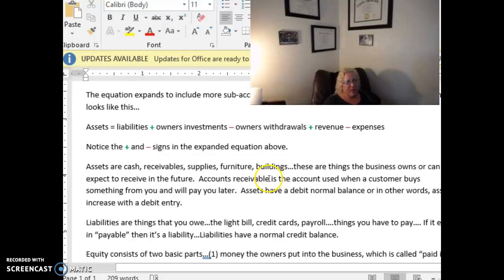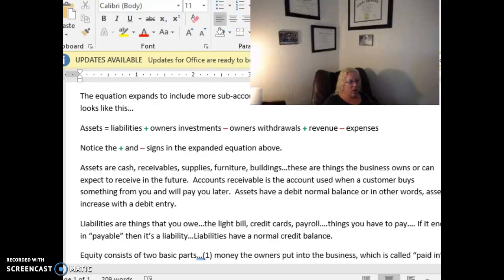So accounts receivable is a lot like cash, although it's not cash, but it is kind of next in line for cash. And assets have a debit normal balance, or in other words, they increase with a debit entry.